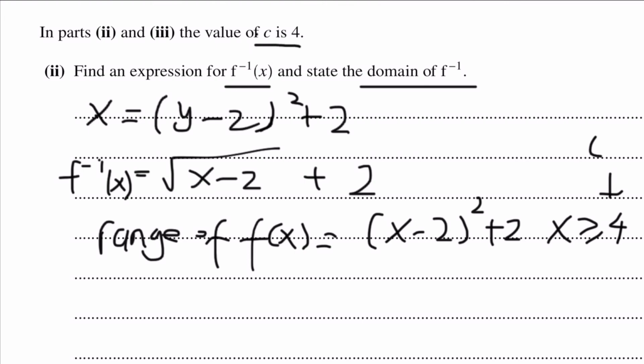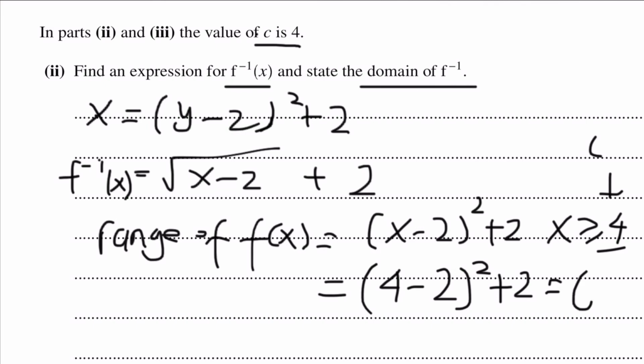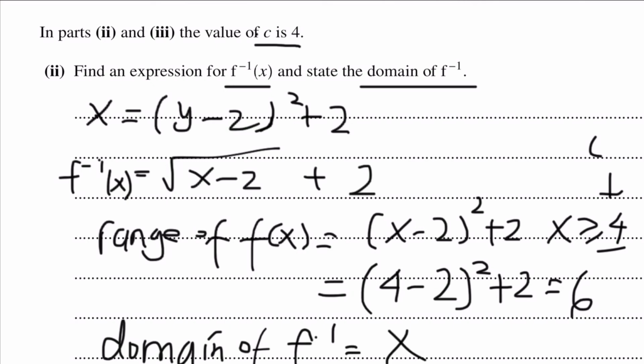And since this is the smallest number, you can just input that 4 into the x, and you will get 6. So the domain of f inverse is x is larger or equal to 6.